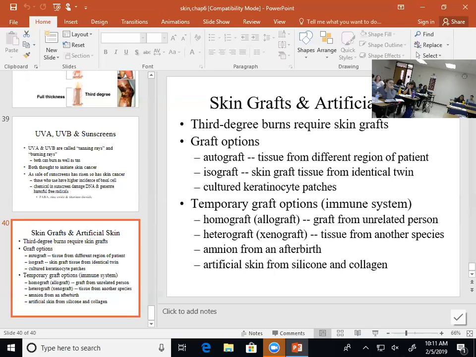Tinea capitis means dandruff. Tinea pedis is athlete's foot, right? So tinea means there's a fungal infection, which is usually pretty easy to treat. You give an antifungal cream, right?